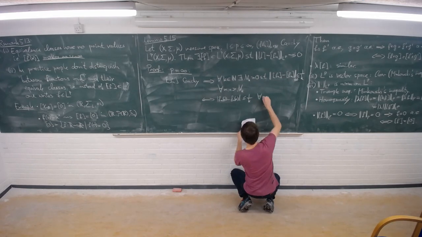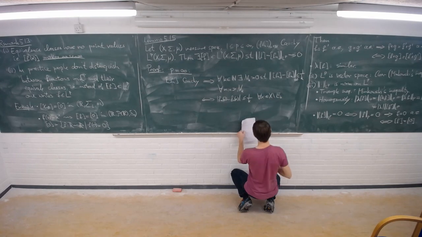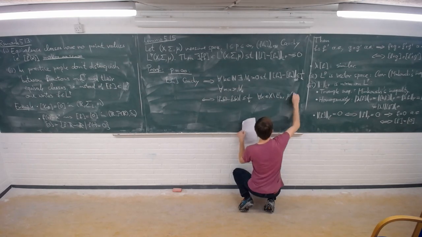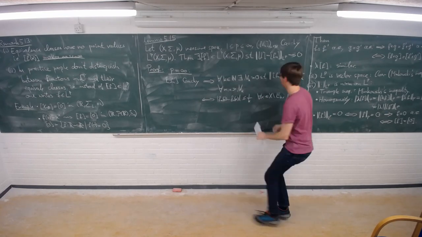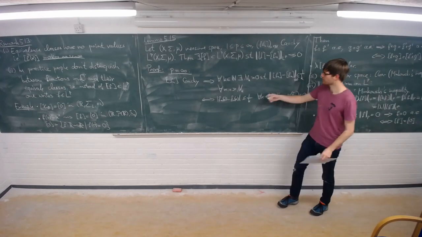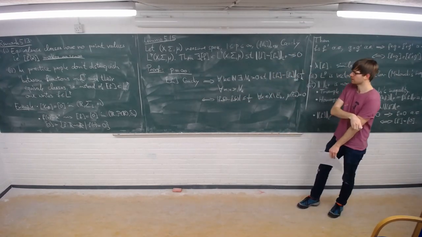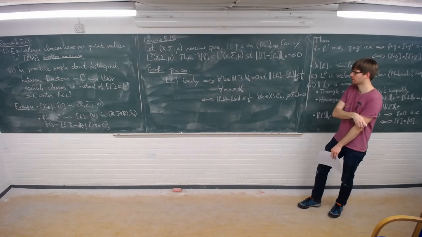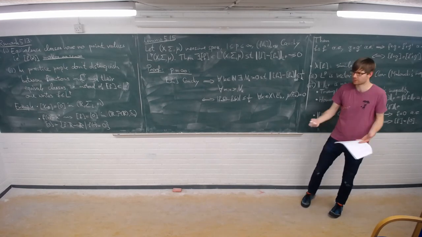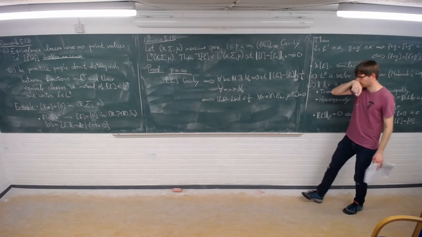So say for every x in X minus a null set Ek. This is because the essential supremum of Fm minus Fn is less than 1 over k. So by definition of the essential supremum, Fm minus Fn is less than 1 over k almost everywhere.